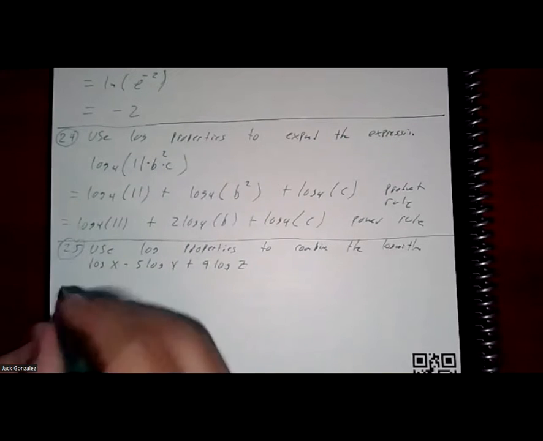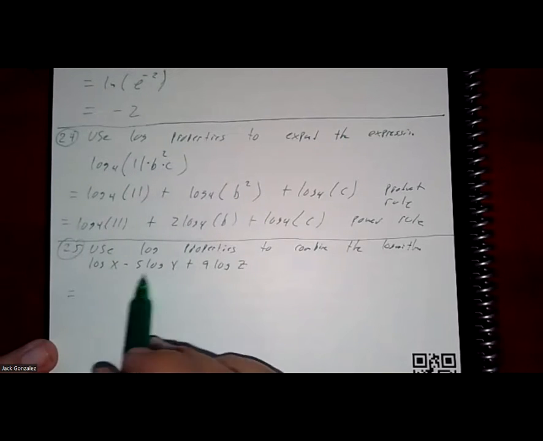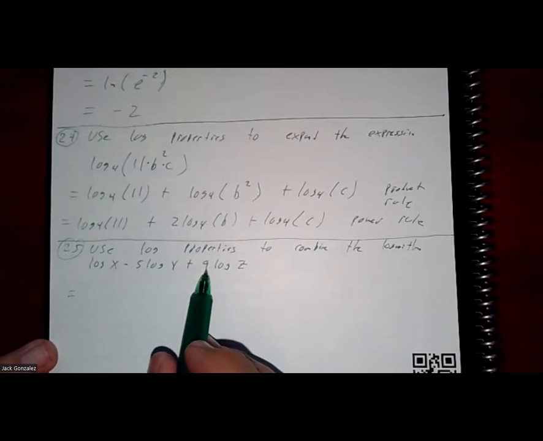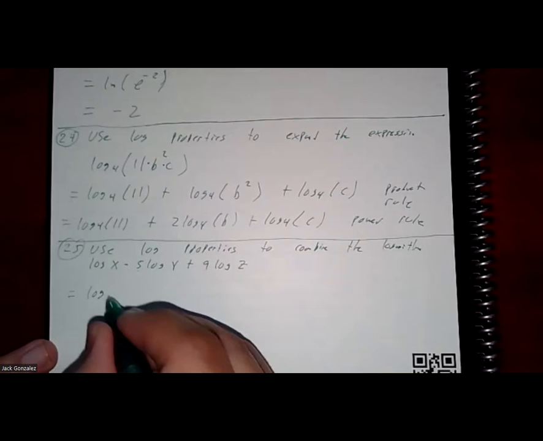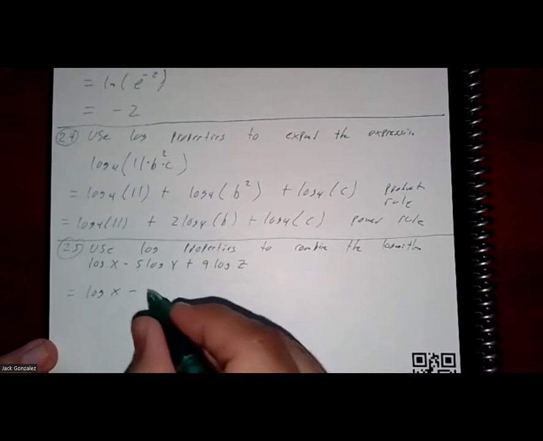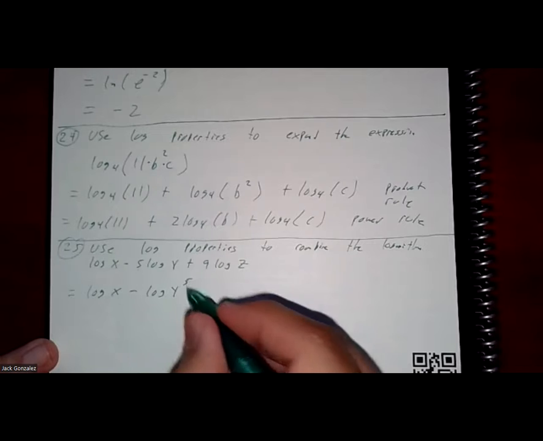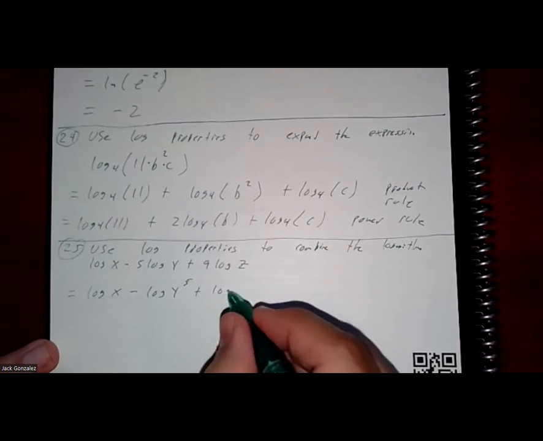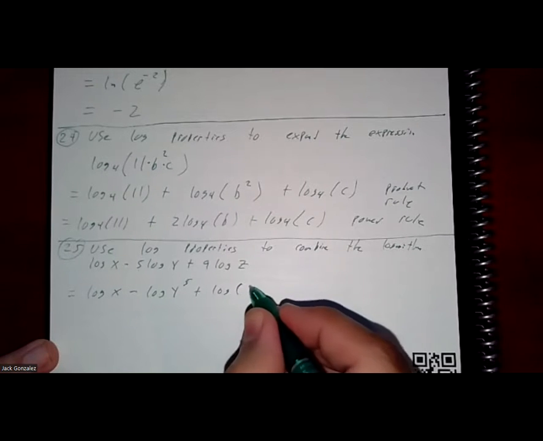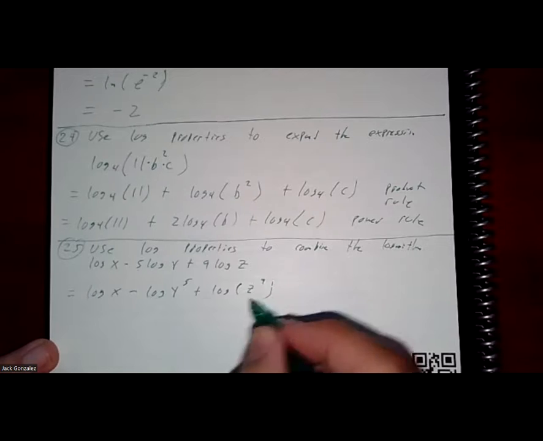The first thing we should do is apply the power rule. See how there's a coefficient in front? Because you can't do the quotient or the product until you have all the numbers in front moved to the top.